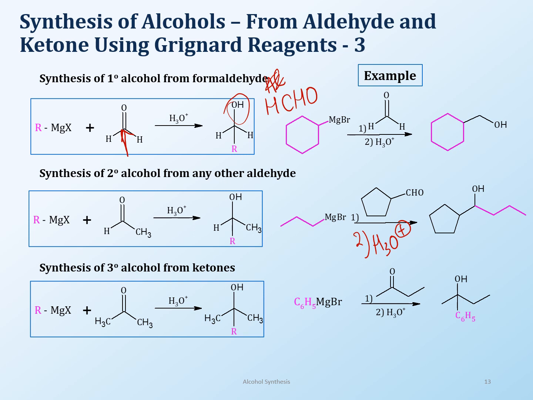But what I want to mention here, and this is really a very interesting part about organic chemistry and especially Grignards, is that you end up forming a carbon-carbon bond. So here was the carbon, and then here is the carbon. Look at this, you end up forming a carbon-carbon bond.